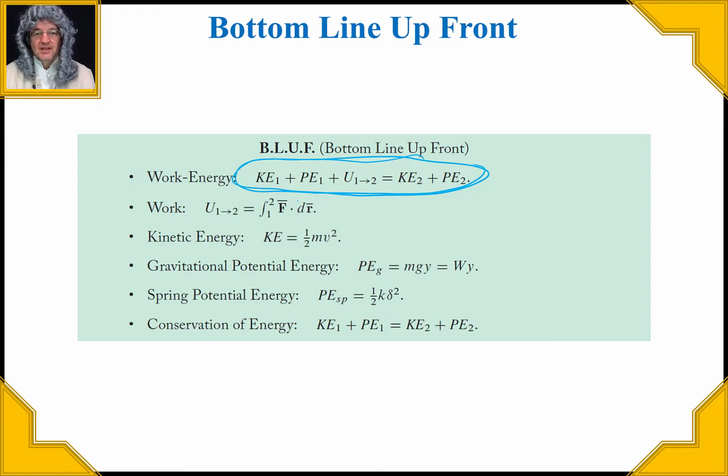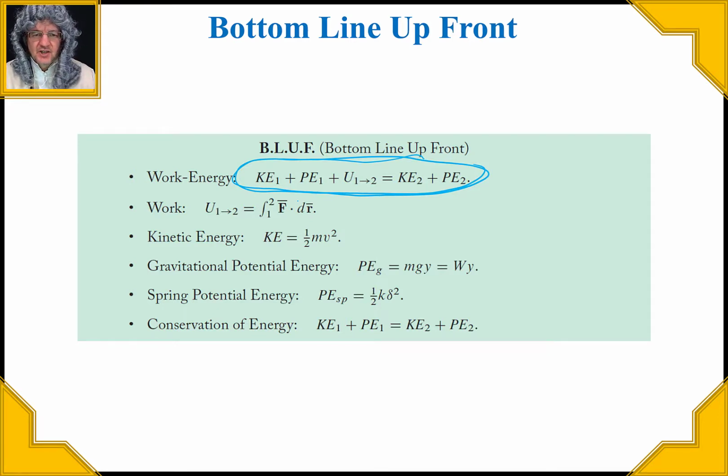Right, and a lot of times a potential energy change will be in its difference. The delta potential energy is mass times gravity times delta y, or just weight times delta y.